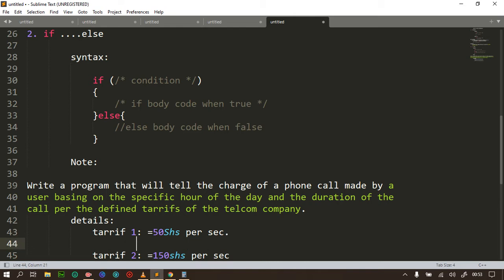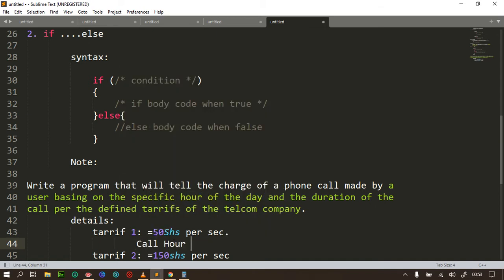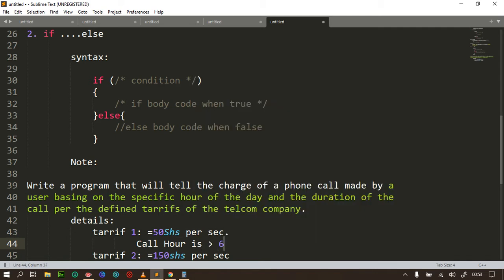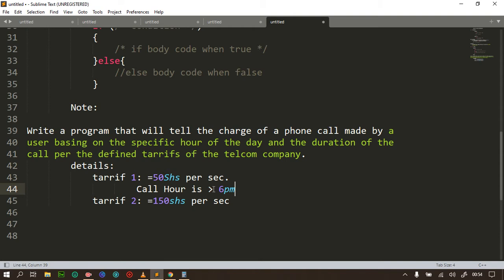We are going to charge tariff 1 if the call hour is either 6 p.m. or greater than 6 p.m.